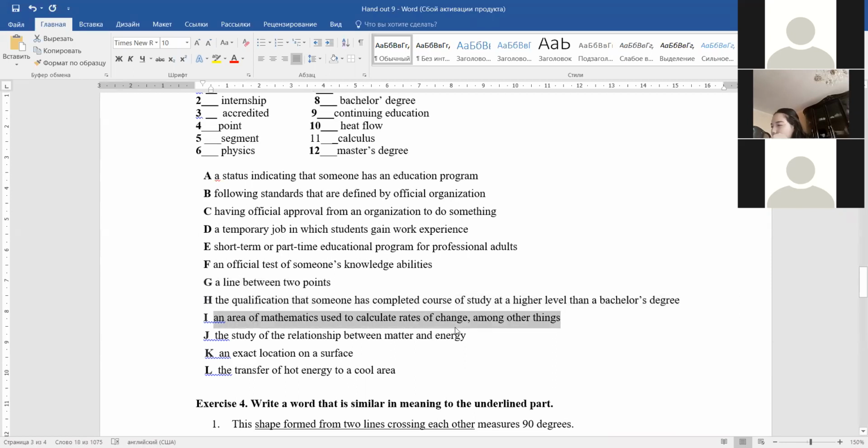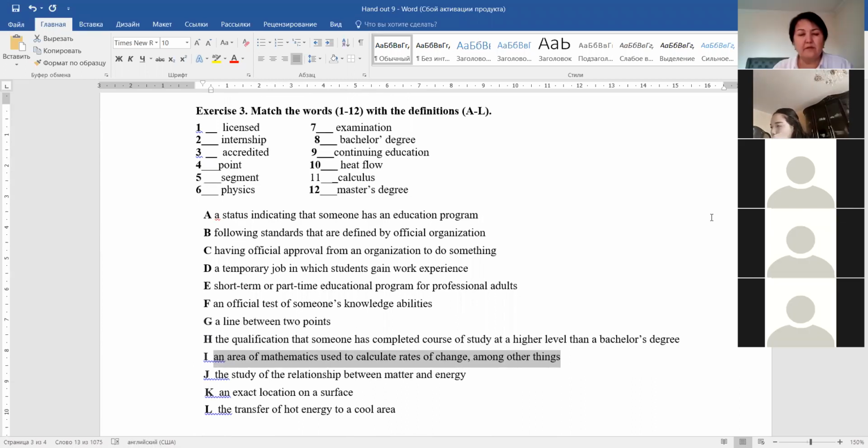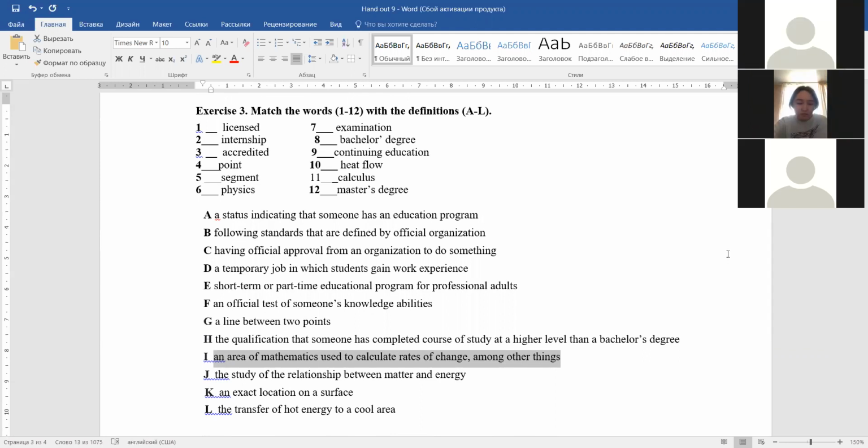An area of mathematics used to calculate rates of change among other things. Calculus. Yes, you're right. Okay, next definition.